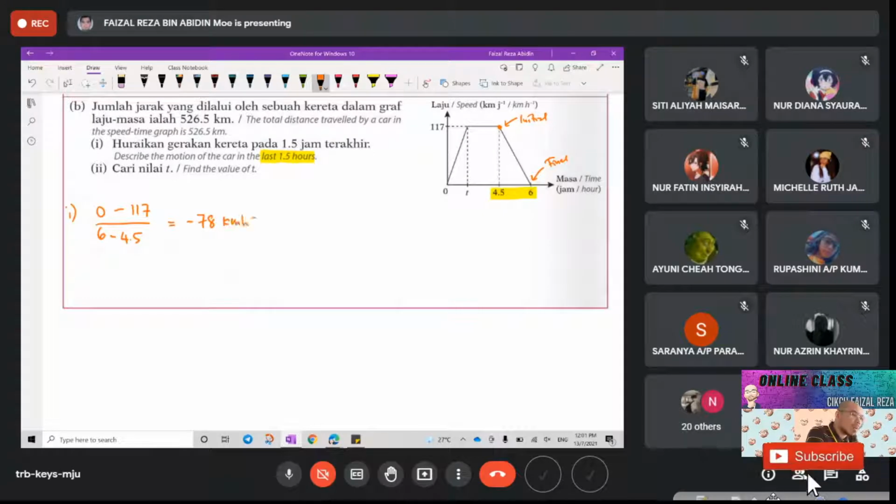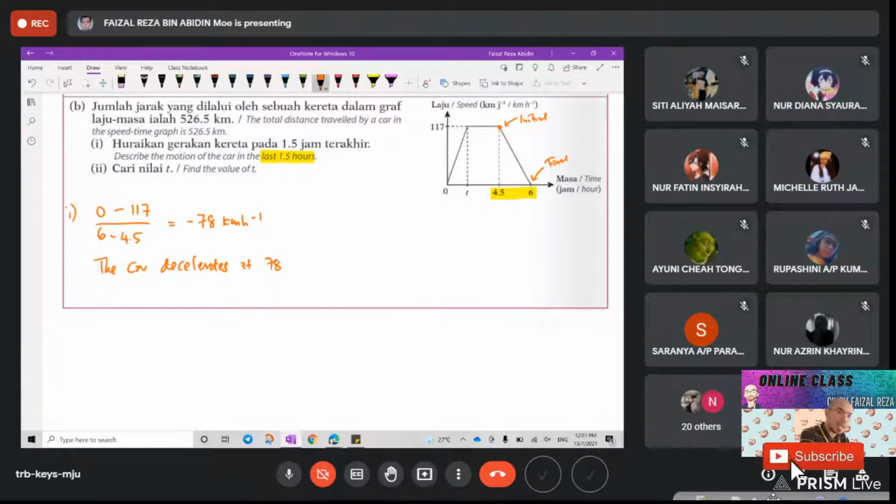kilometer per hour. Okay, so if I'm going to describe, here we have our rate of change of speed is negative. What does it mean? If you want to describe it as deceleration, you are going to say that the car decelerates at 78.